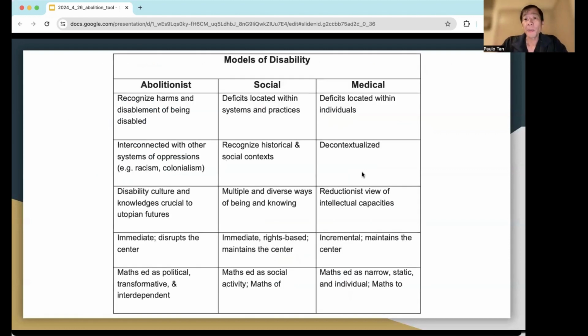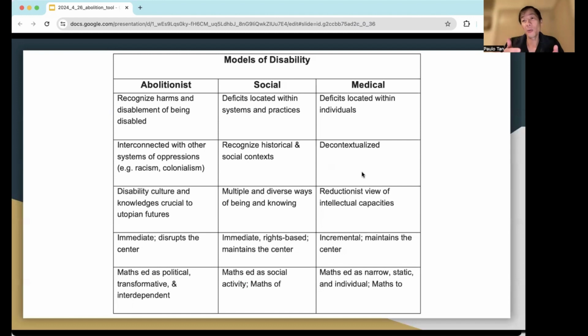And I talked a little bit about the models of disabilities, and here I just have a table of the different kinds of models. The medical model, which I talked about, is very much a deficit-oriented model of disability, where the focus is on fixing, remediating students to fit the norm, if you will.